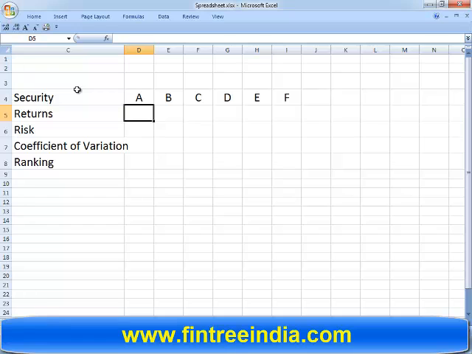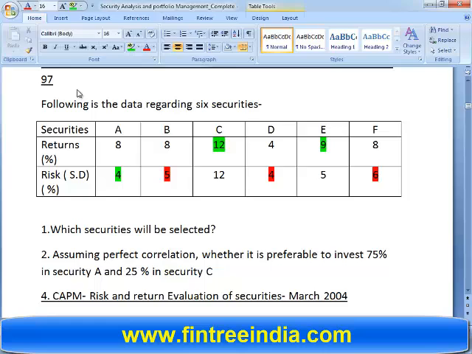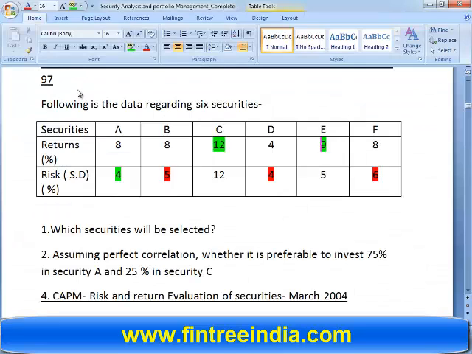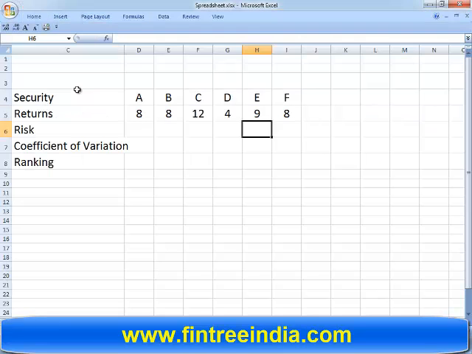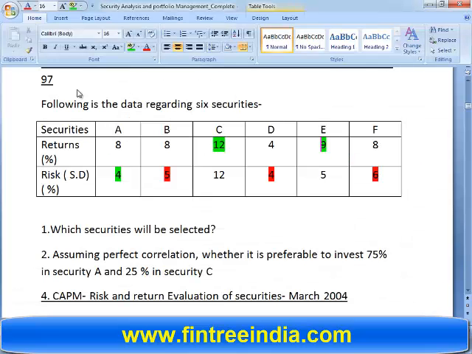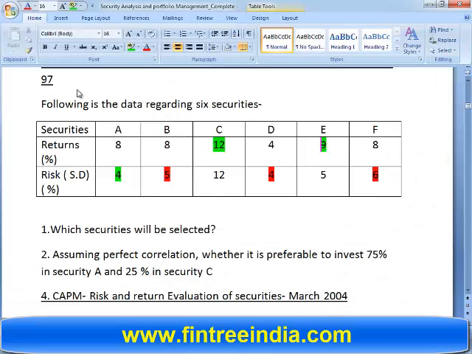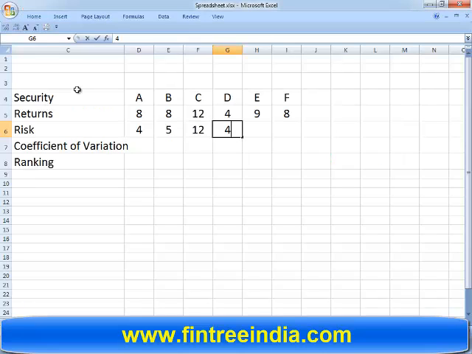So returns here are 8, 12, 4, 9 and 8. Risk: 4, 5, 12, 4, 5, 6.